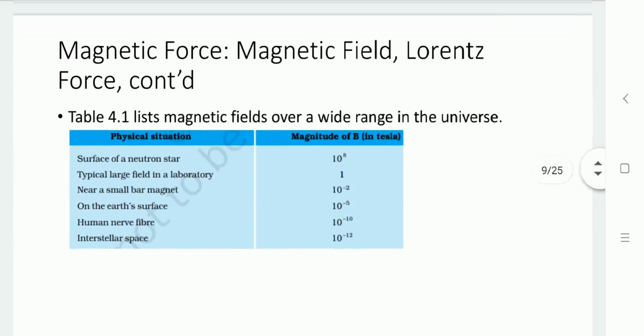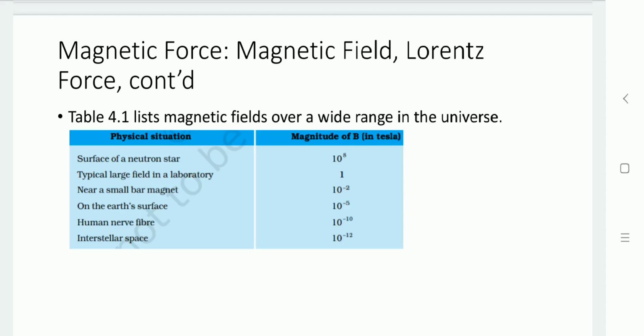Here a table is given in which different magnitudes of B are given in Tesla for different physical situations. First, the surface of a neutron star is 10 raised to 8 Tesla. A typical large field in a laboratory is 1 Tesla. Near a small bar magnet, it is 10 raised to minus 2 Tesla.